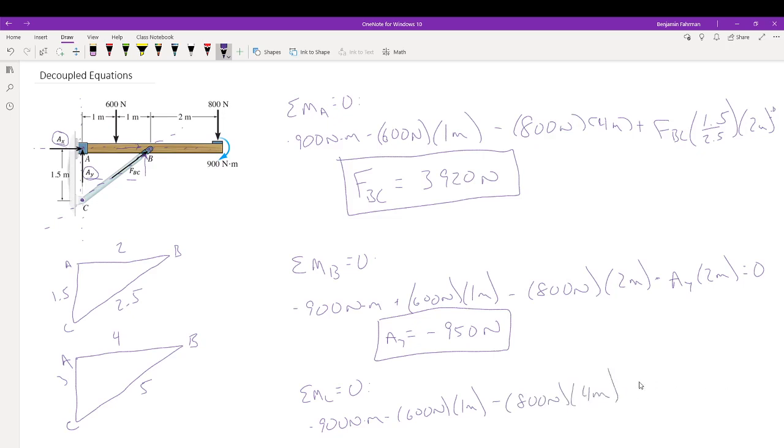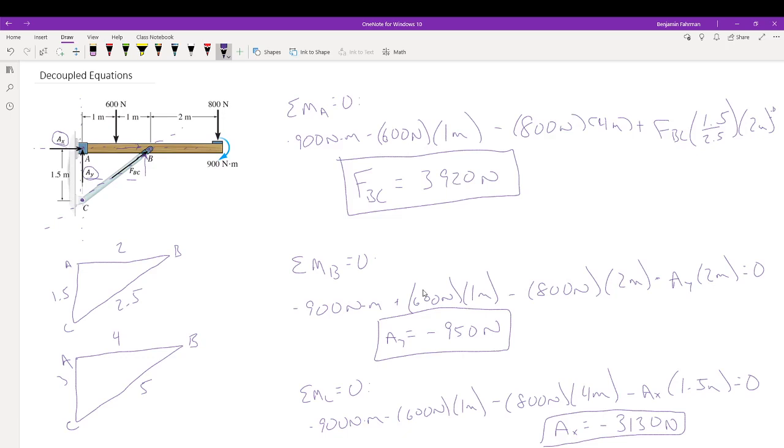And then the last thing we got is this AX, which is going to be minus AX times 1.5 meters. That'll be equal to 0. So AX here is going to be minus 3130 newtons.